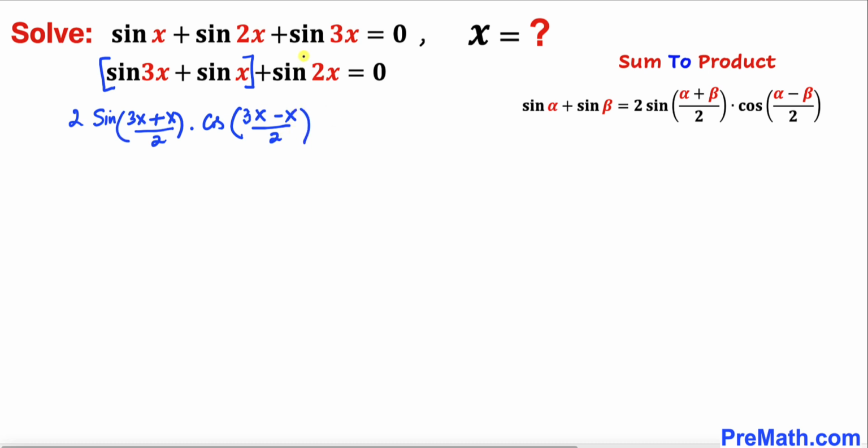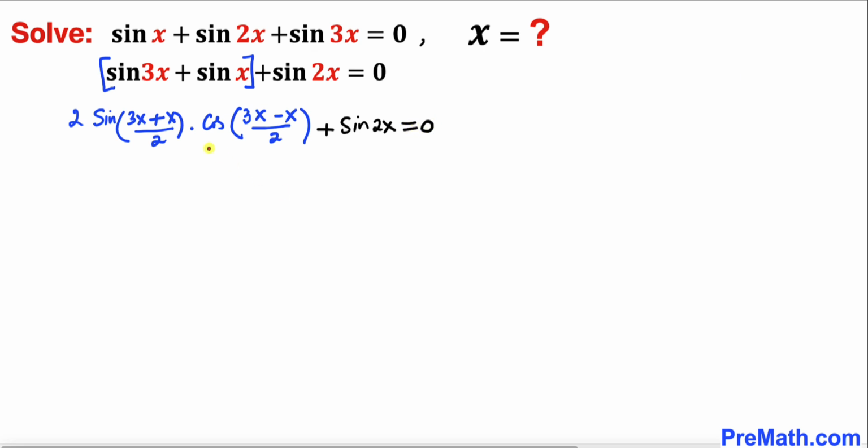And then I'm going to write down this part as well: plus sine of 2x equals 0.